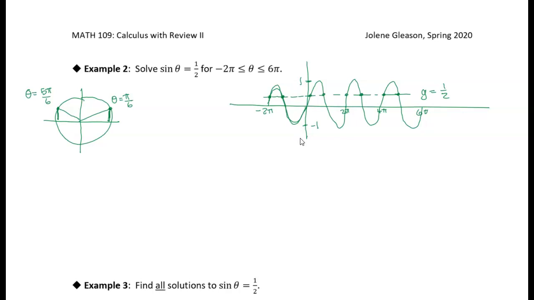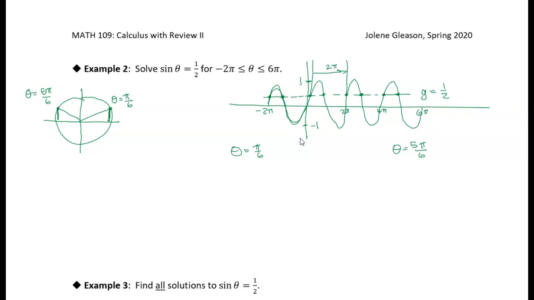Okay, so let's go through that process. Now we already know 2 of the angles, right? We've got theta equals pi over 6, and then theta equals 5 pi over 6. So basically we have this one. I'm going to draw a little line coming up, and we have this other one. And if I want to get the corresponding point in the next cycle, all I need to do is just add 2 pi, right?